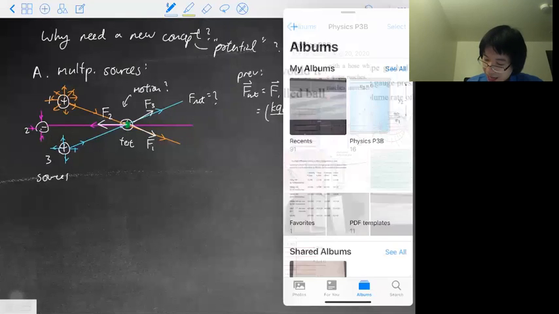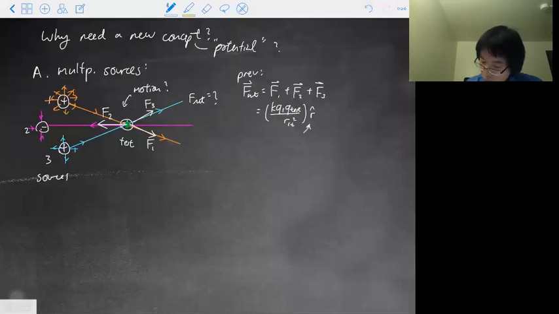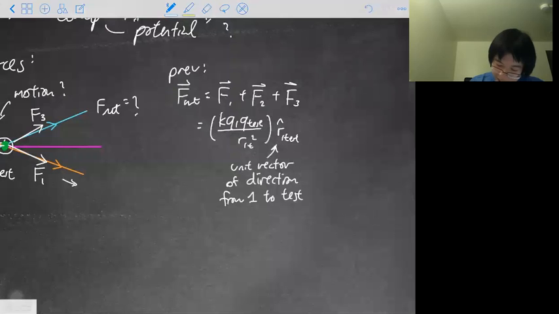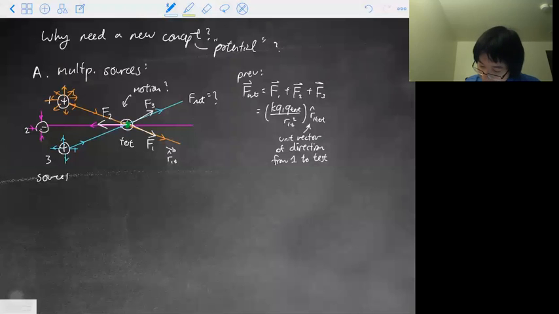This little R1 test hat is the unit vector, the unit vector of the direction from 1 to test. So it's a small vector like this from 1 to test that tells me which direction it is, right? So this part is the magnitude, this part is the direction. Don't worry too much about this notation because we're not really going to use this R hat too much, but just showing you if you need to write it out formally, it will be like that.